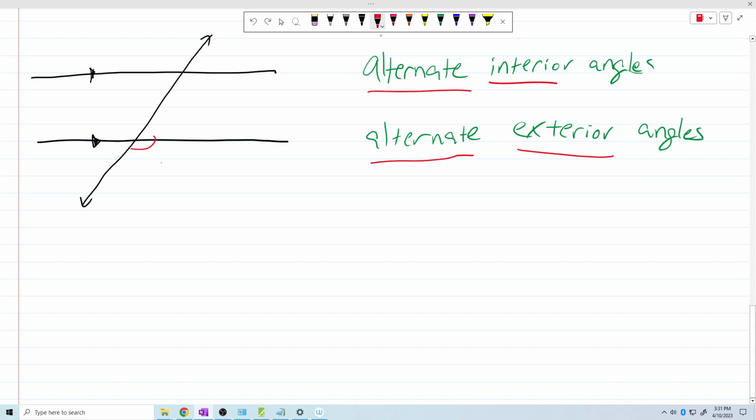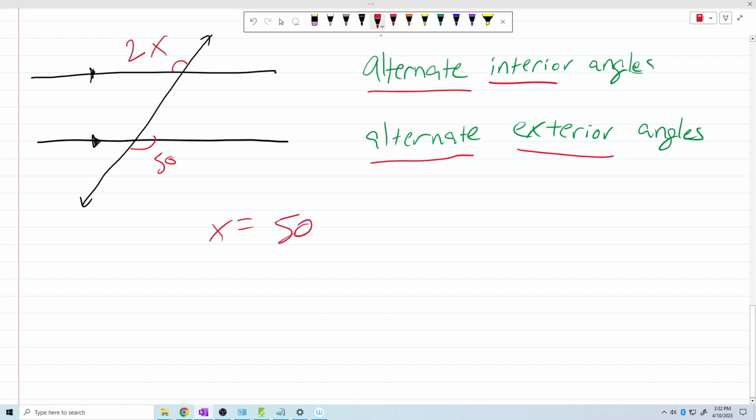You can even see, just like before, that these are on alternate sides of the transversal, and visually they sort of appear the same. In problems, you'll see that that is also the case, right? You'll be given one, asked to solve for the other. You'll say, they look the same, I recognize they're alternate exterior angles. You'll say x equals 50.